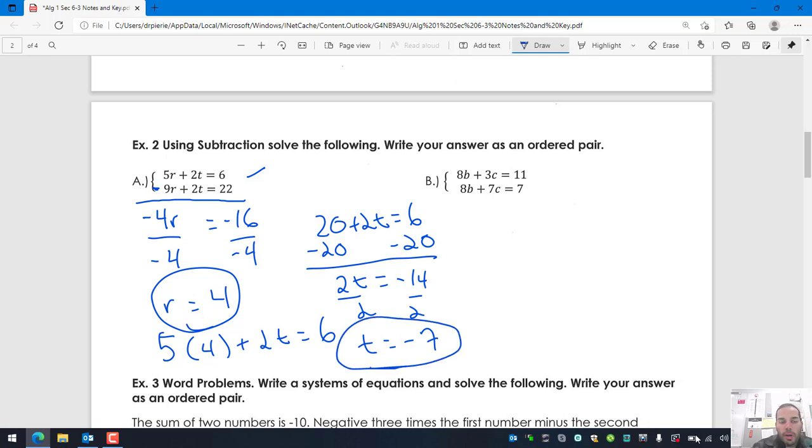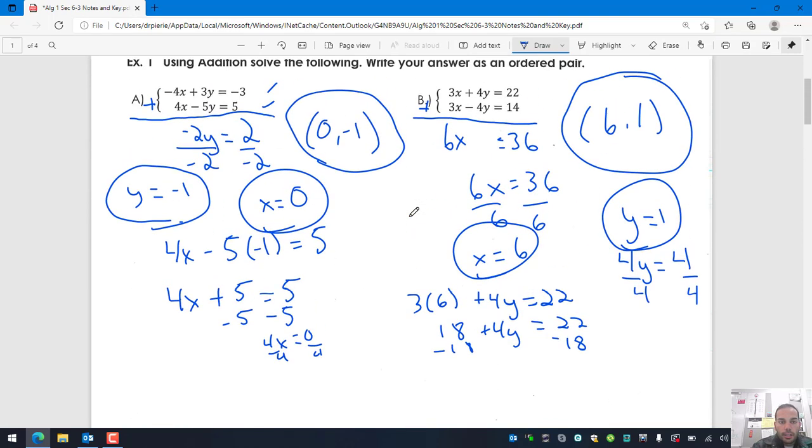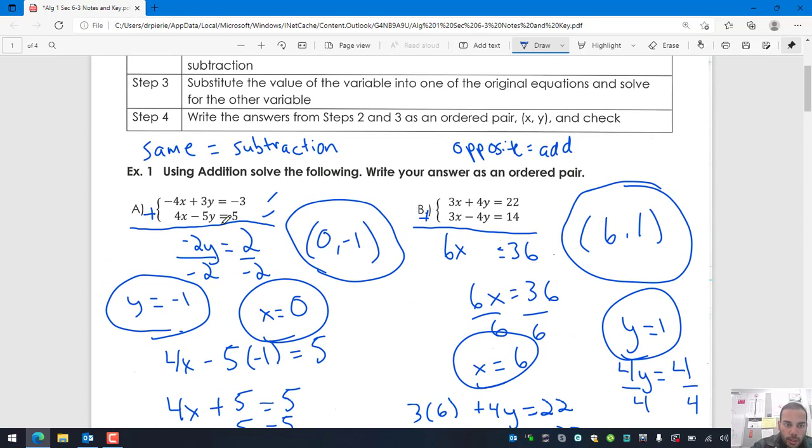Okay, so what were we talking about earlier with the opposite equals add, same equals subtract? So up here, we were trying to eliminate the x. We had a negative 4x and a positive 4x. Okay, we have opposite coefficients here, so we made it one big addition question. For example B, we had positive 4y and negative 4y, and we wanted to eliminate y.